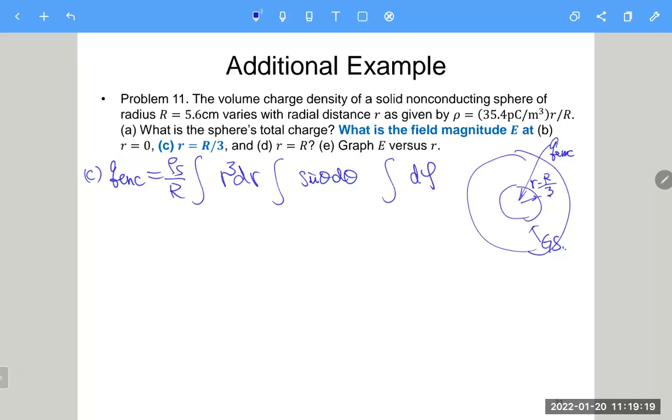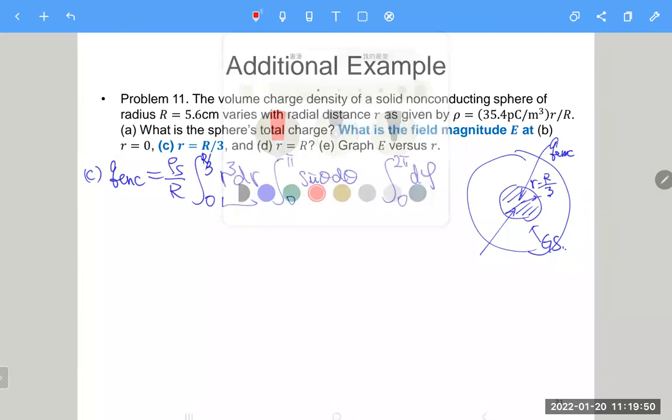As it is still a complete sphere, this angle is still from 0 to 2 pi, and this is still from 0 to pi. Nothing changed for those two terms. But for this one, we only consider the sphere within capital R over 3, so we only integrate from 0 to capital R over 3. So this integration will be a little bit different.